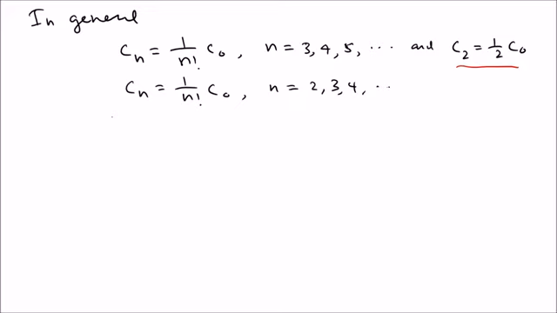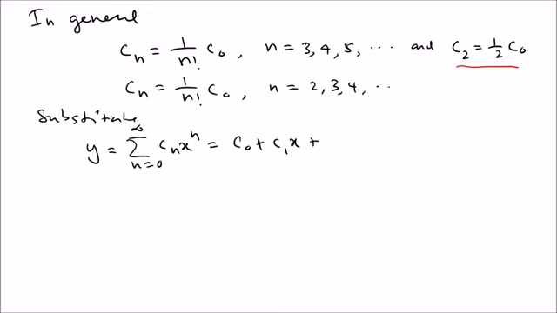So let's plug in. We can substitute that in the equation. When you substitute, y is, let's write the formula, the sigma notation. So n going from 0 to infinity, Cn x^n, which is C0 plus C1x plus C2x squared, like that.